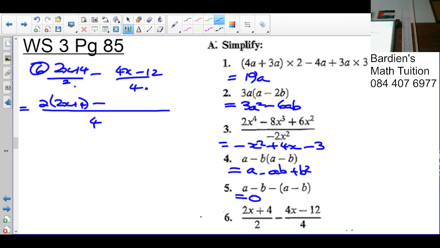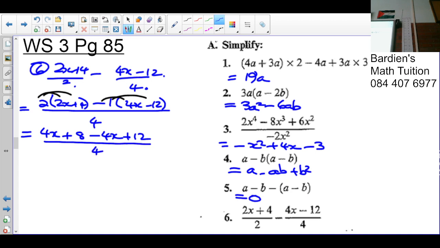What must 4 be multiplied by to get 4? 1. So the numerator must also be multiplied by 1. Okay, so what we do now is multiply this in, which gives us 4x plus 8 minus 4x, negative 1 times negative 12 is positive 12 over 4.